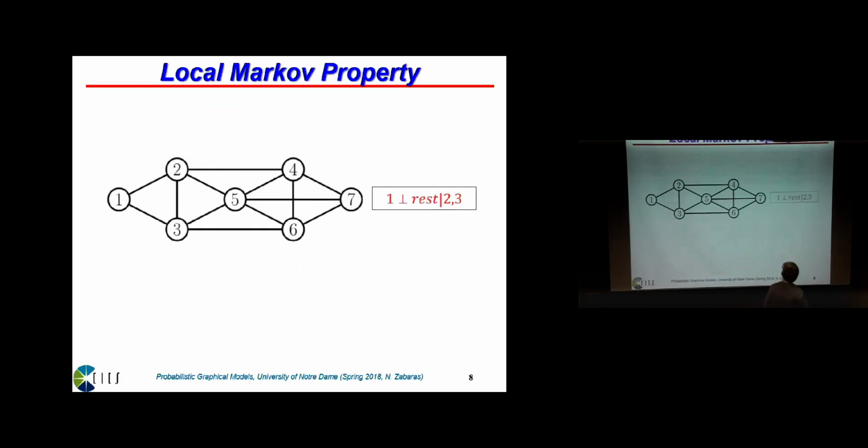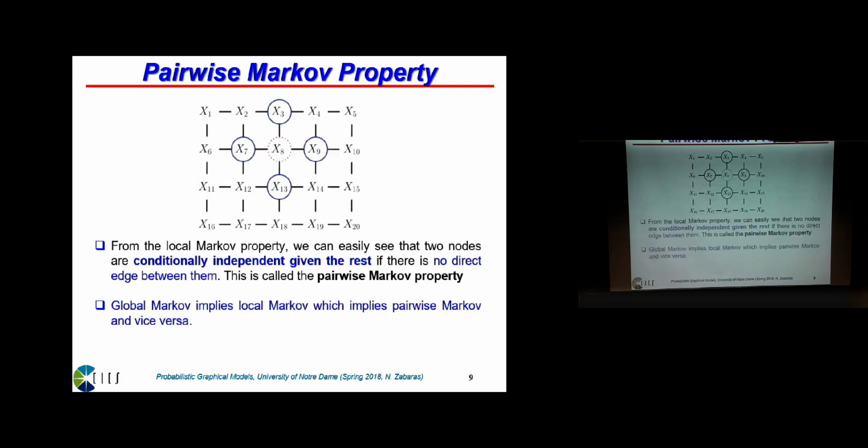Here's one example: given 2 and 3, 1 is independent of all the other nodes, because 2 and 3 are the neighbors of 1. Once you block them, there's no path to go from 1 to anywhere else.